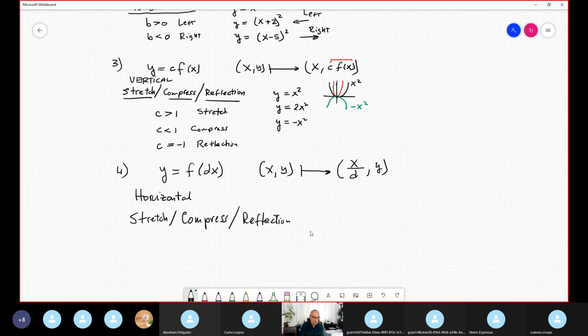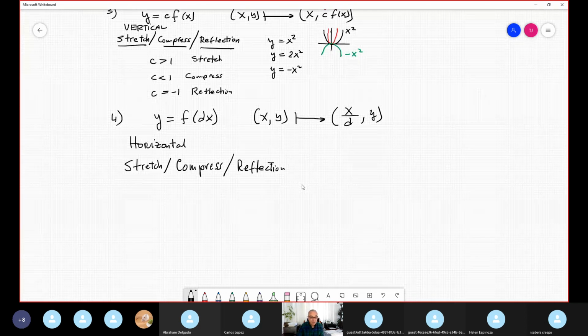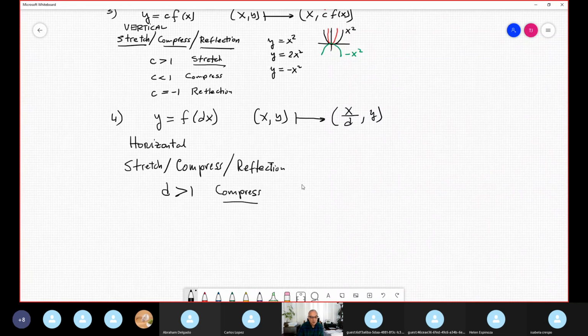Entonces, if, for example, D, the number, is greater than 1, is completely opposite to this. This was a stretch, now it's compressed. Si D is less than 1, it's a stretch. And si D is equal to -1, is reflection.